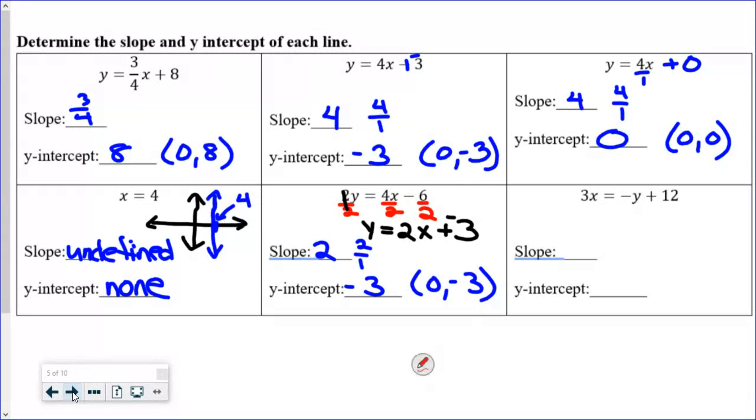Okay, and this one is tricky. First thing, -12, and you get 3x minus 12 equals -1y, if we cut it there.